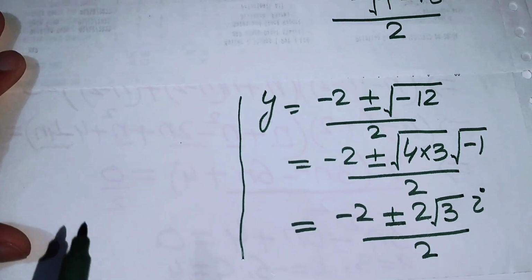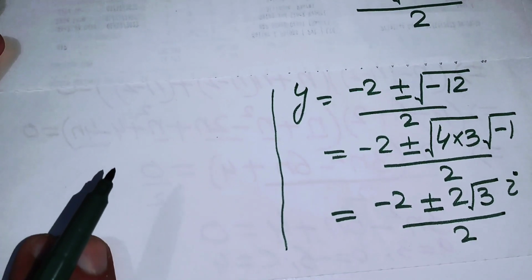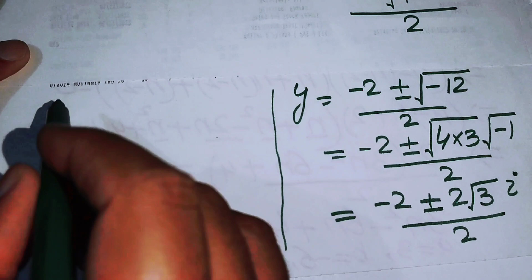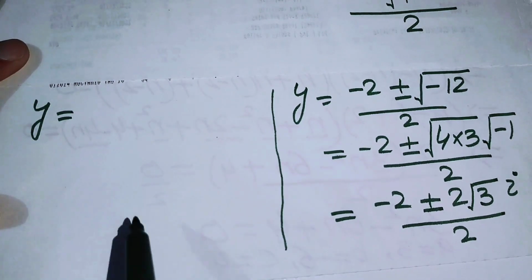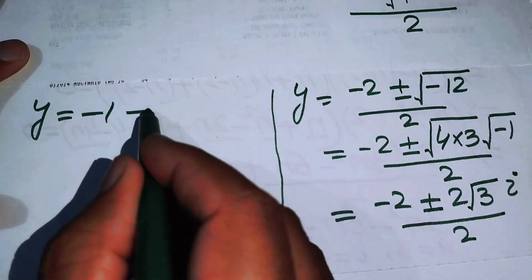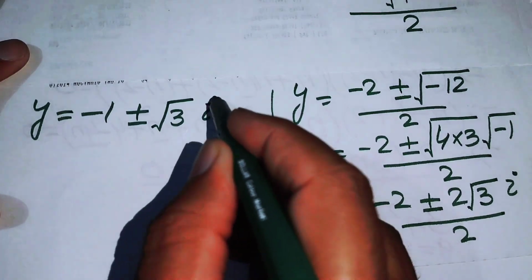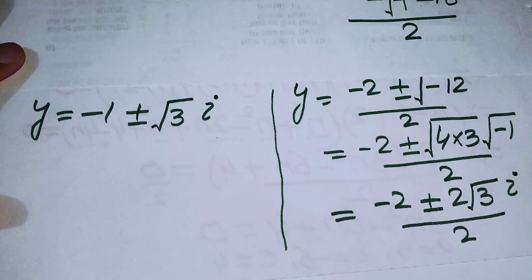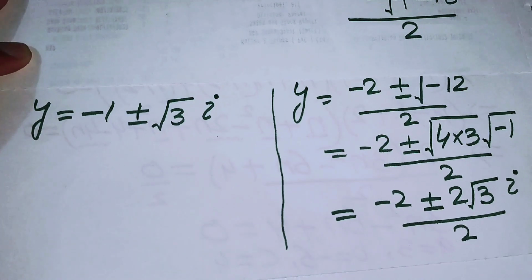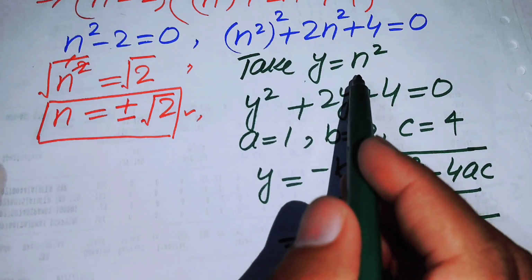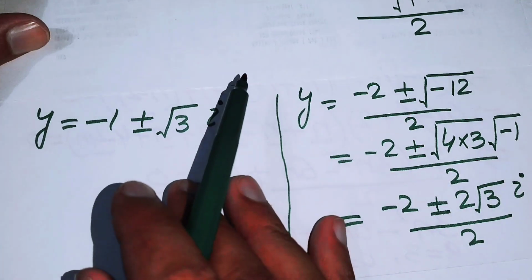And now in the next step I can just separate these two terms, and you will get here y is equal to minus 1 plus minus square root of 3 iota. So these are the other two roots, and now we can back substitute the value of y. So here you see that we have y is equal to n squared, so now we can back substitute this value.